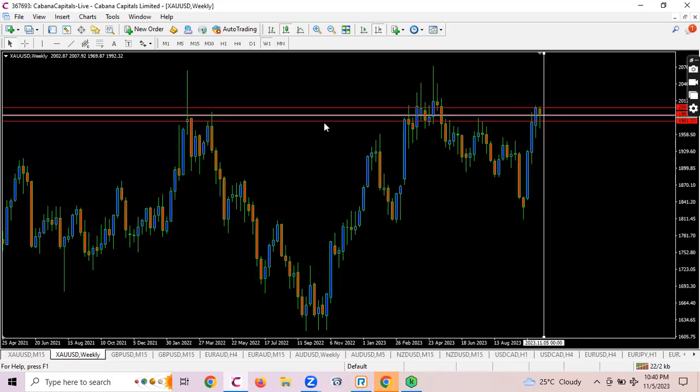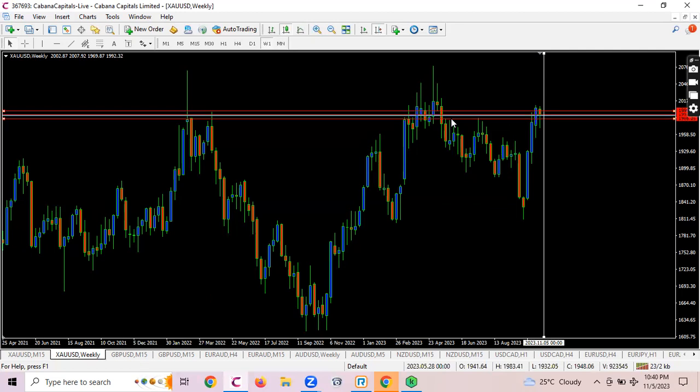Now going back to weekly, you would see on the weekly time frame, we have a fair value gap here. Let me delete this line so that you can see the fair value gap.